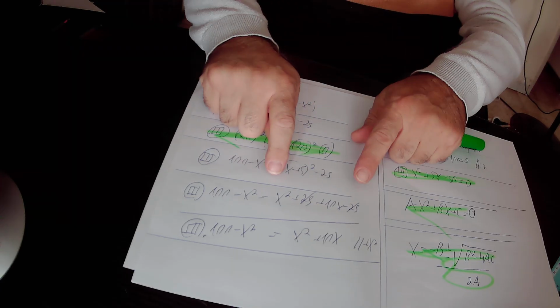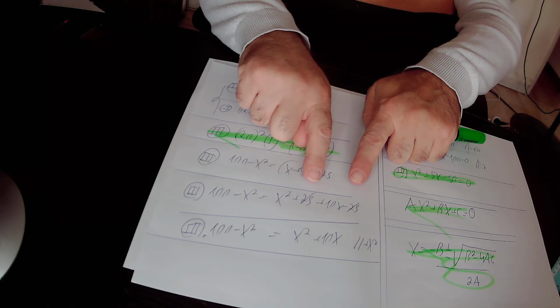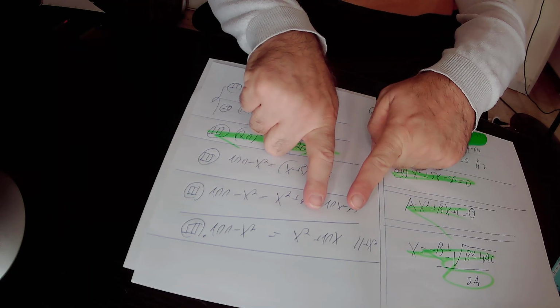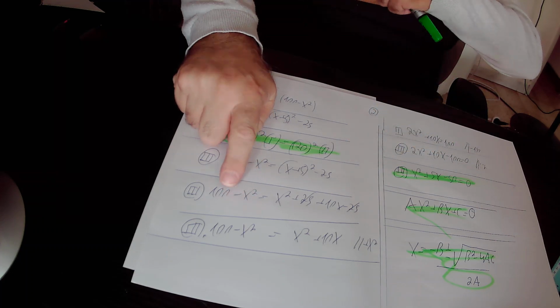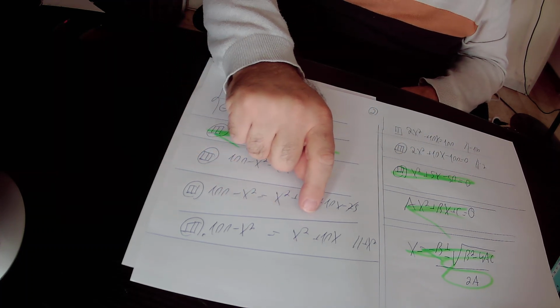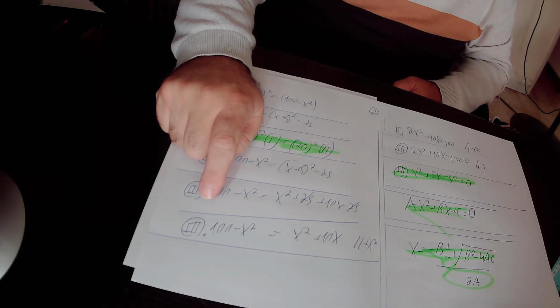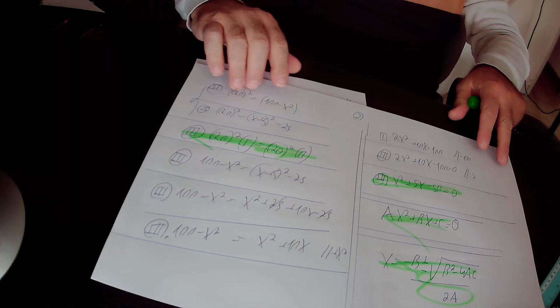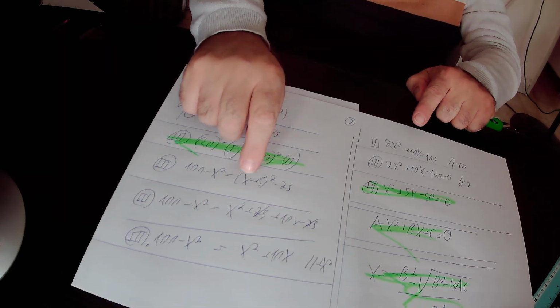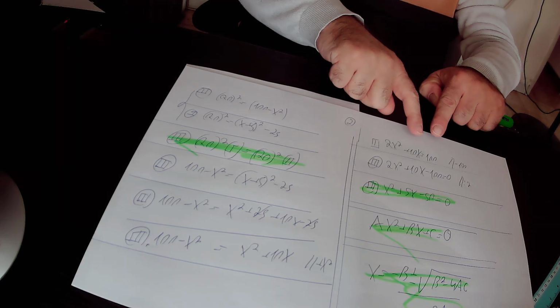So in this equation 3, we have 25 minus 25, which cancels. After we cancel 25, we are left with x squared plus 10x, which equals 100 minus x squared. Here we add x squared to equation 3, and find that x squared plus x squared is 2x squared, plus 10x equals 100.